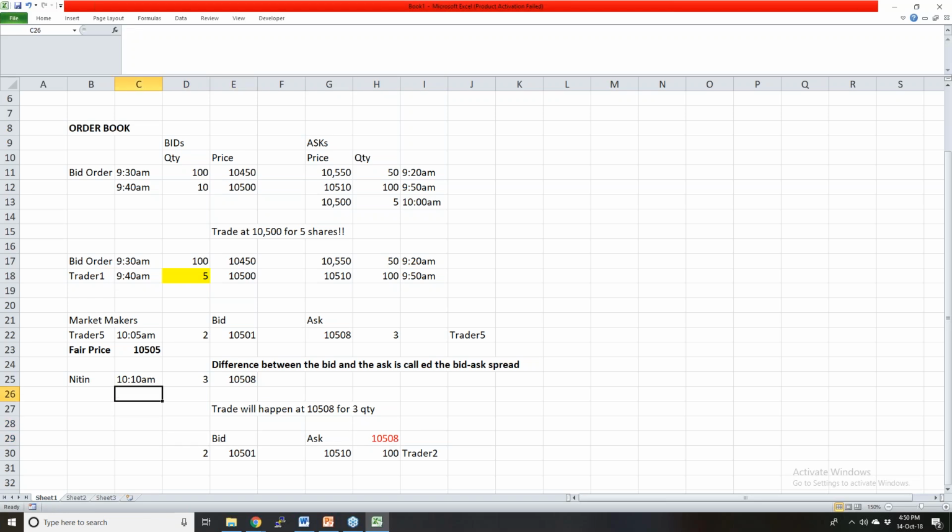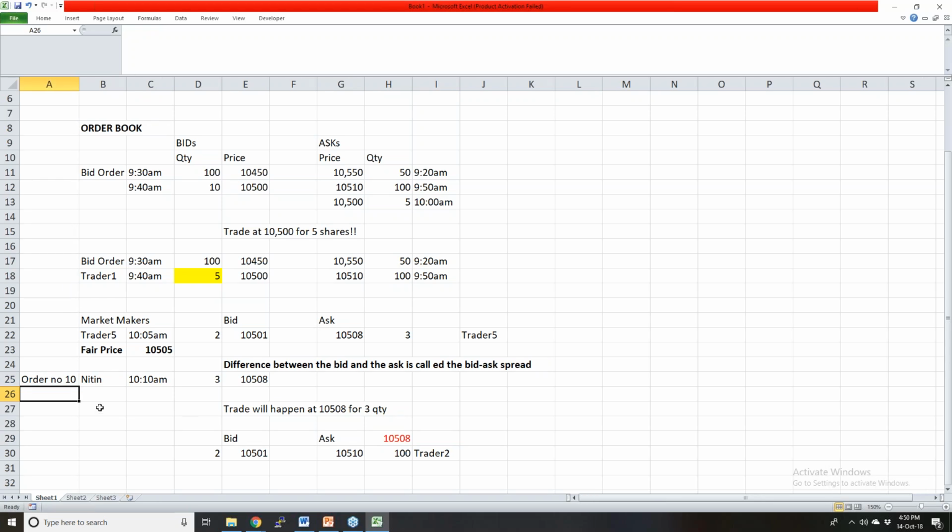So this order by Nitin, whatever the order number was, maybe 10, order number 10 removed liquidity, because it widened the ask spread. There was some liquidity, and it decreased the volume.